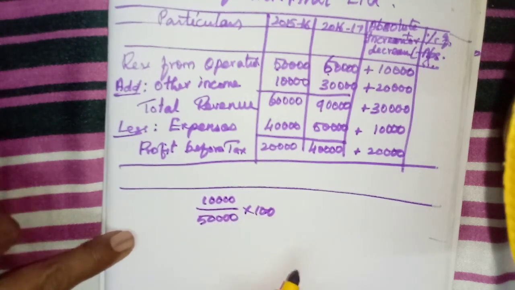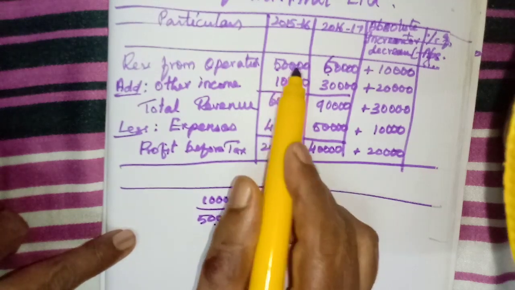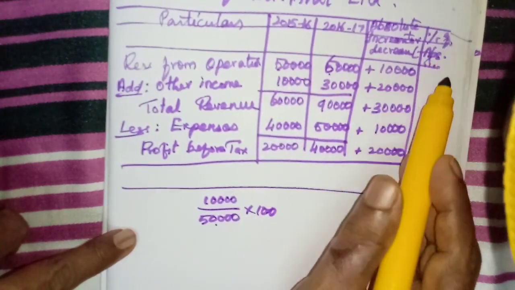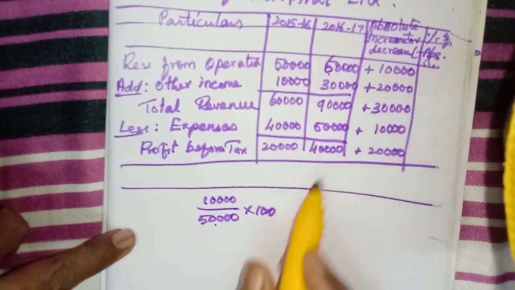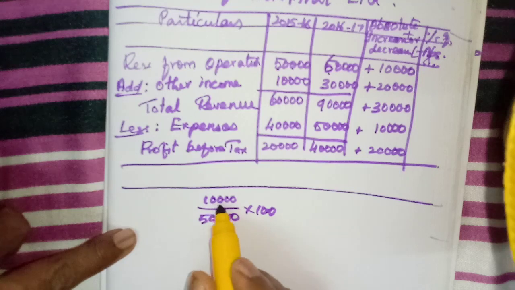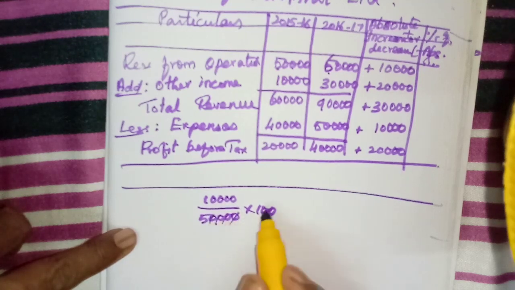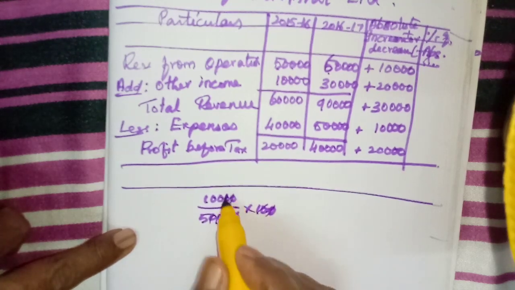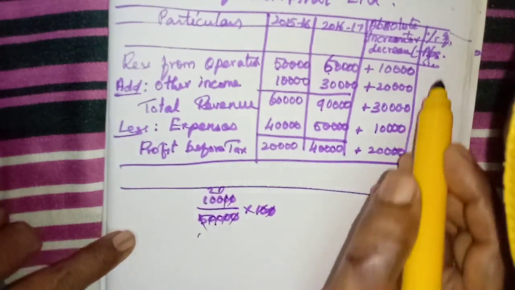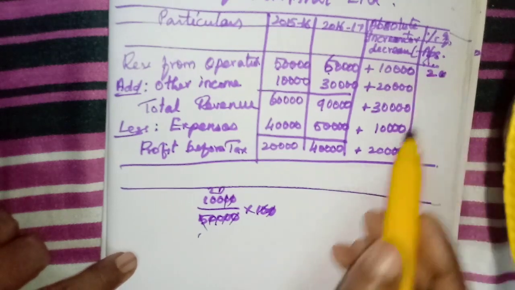For 50,000, the increase is 10,000, so for 100, that is the percentage. 20.